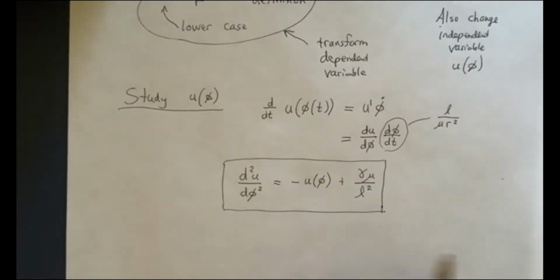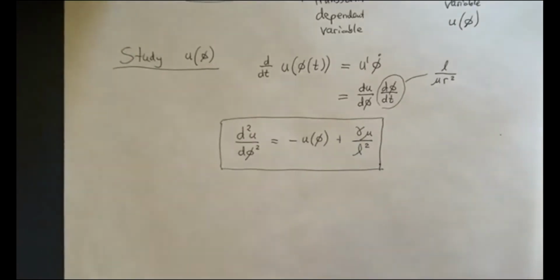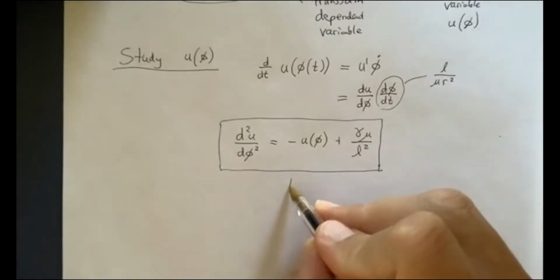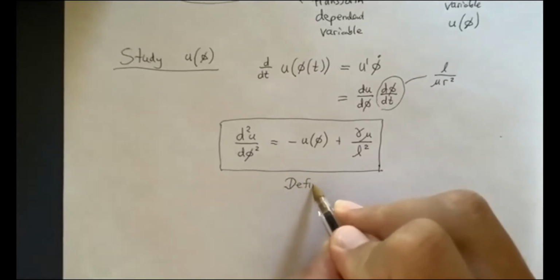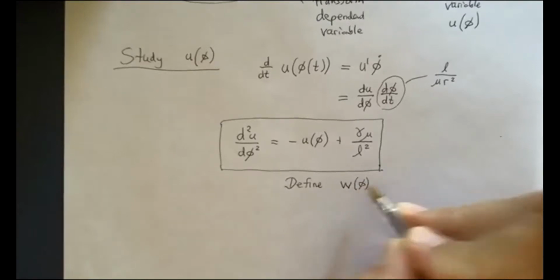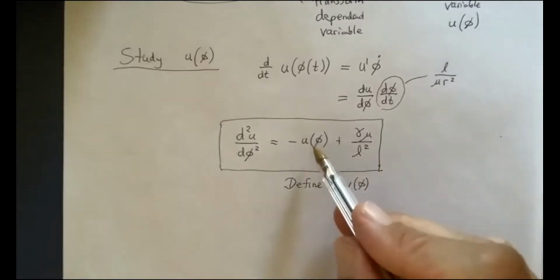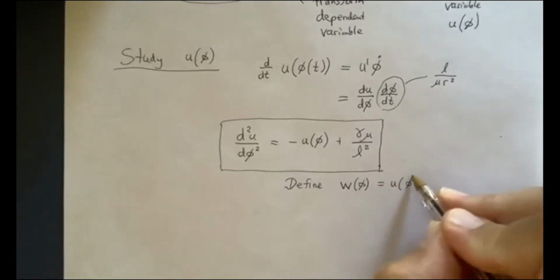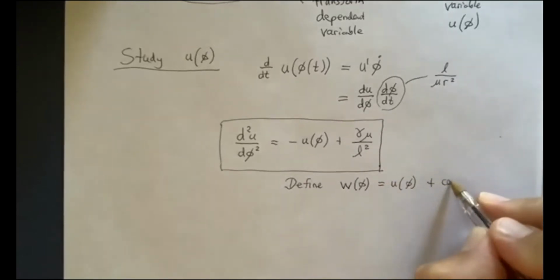Okay, the simplest way to do it, if you want to invoke your knowledge of chapter 5, define a new function which is equal to the function that we want plus a constant.